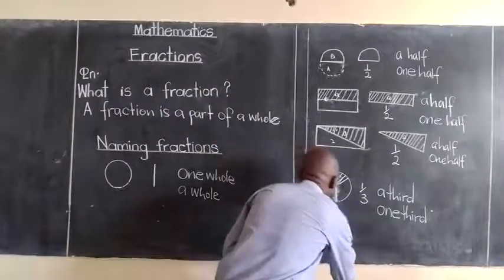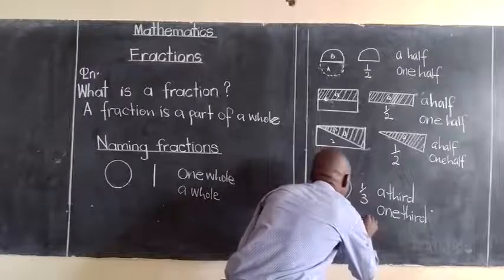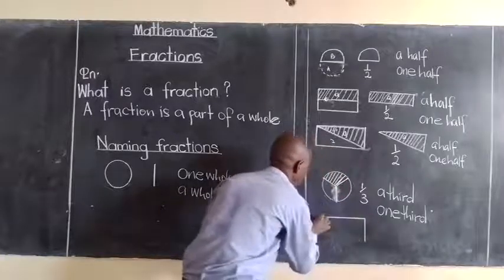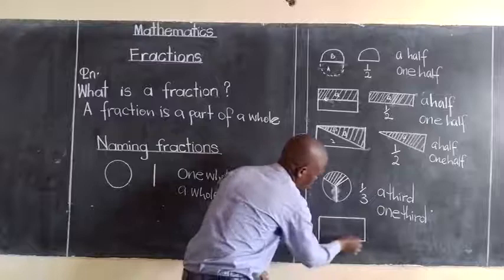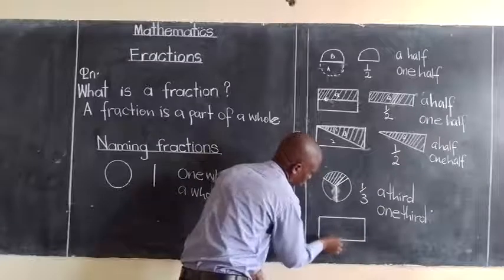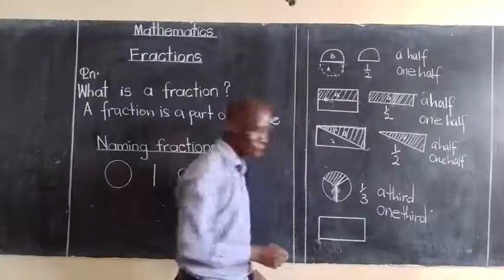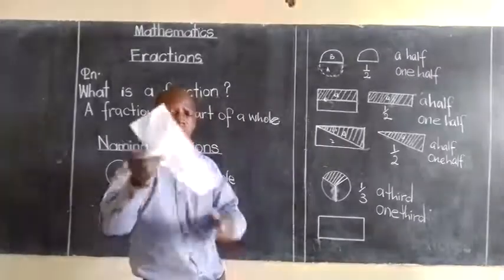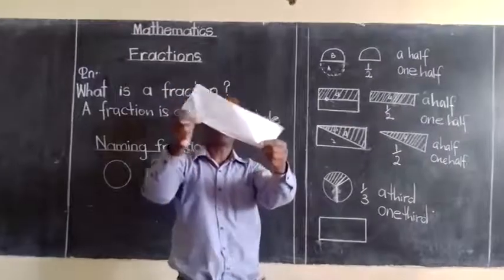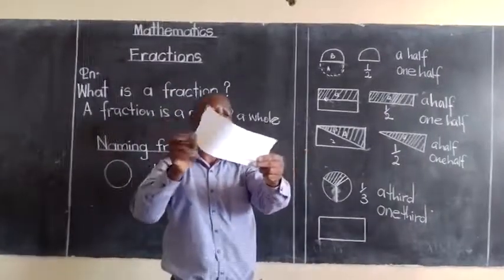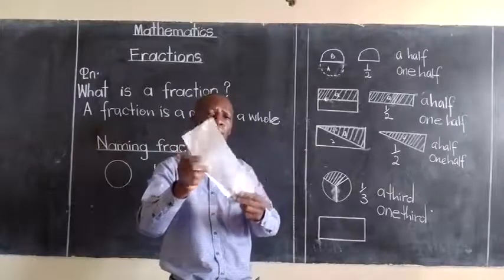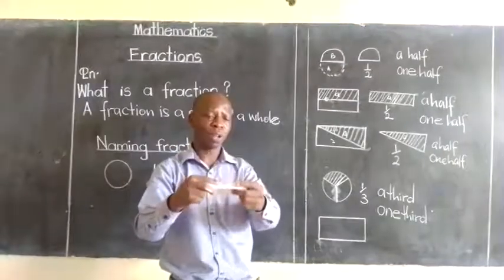Still, we can have our piece of paper, this one here. Then we divide it into 3 equal parts.